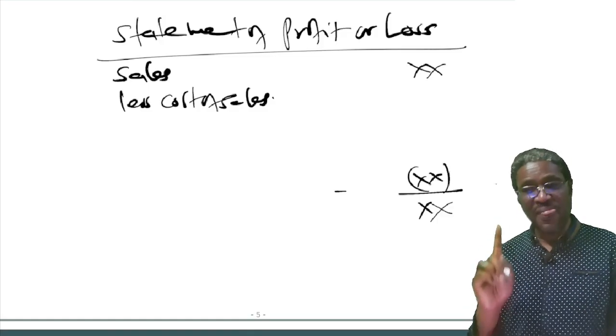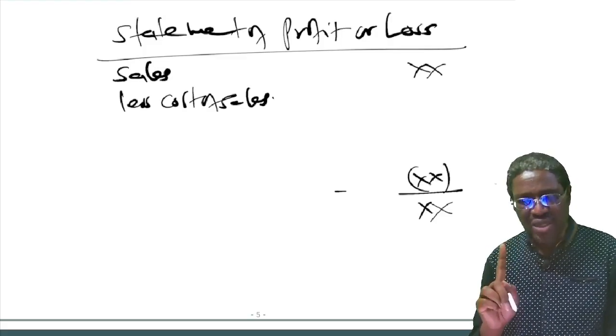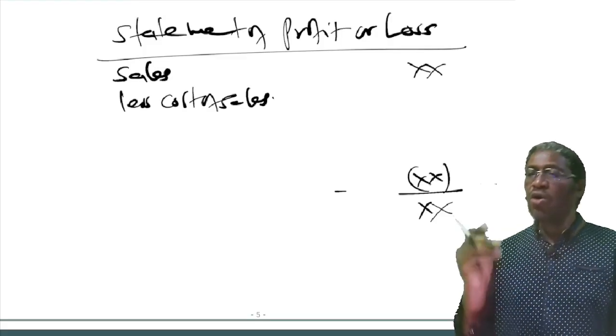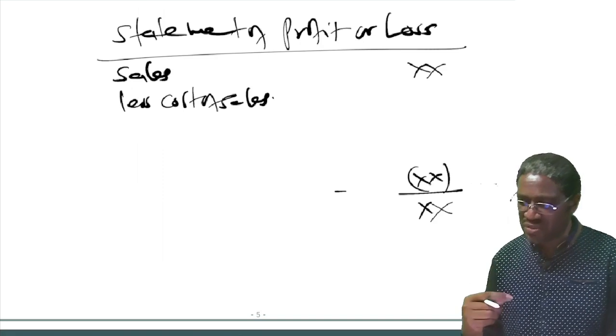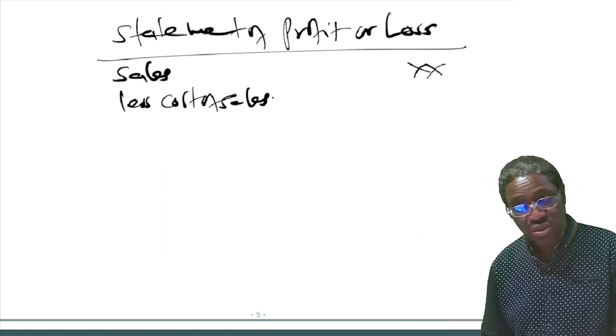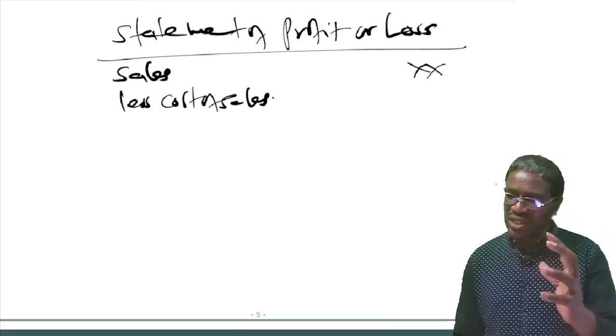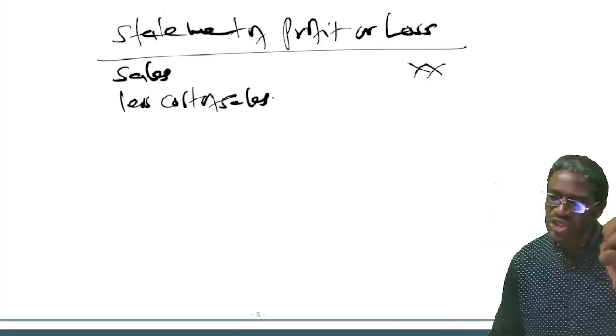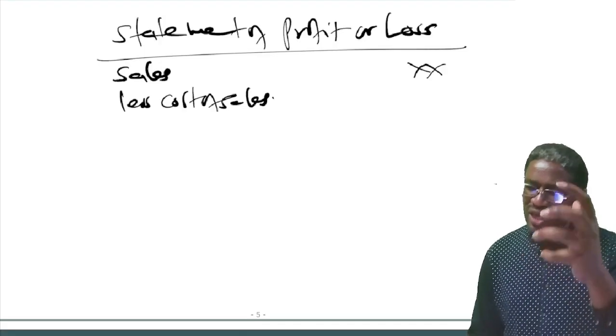Get the point there? You are not supposed to show the workings of the cost of sales on the face of the income statement. The way you used to do it in financial accounting? No. So what you do as a company, do that calculation somewhere, get the cost of sales.